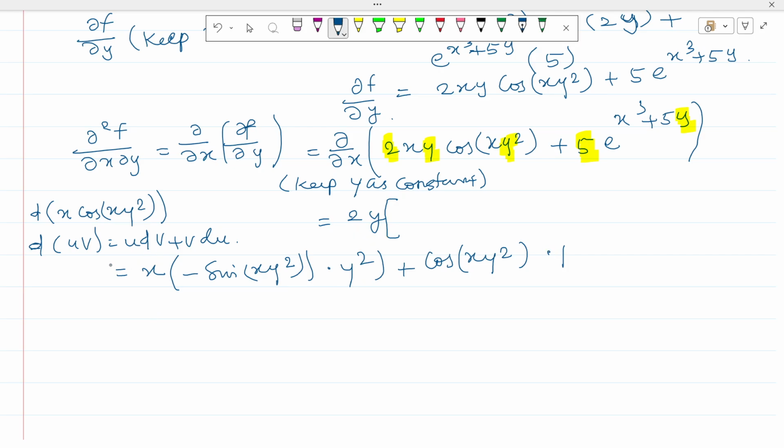Now you can write this value here. You will get, what you get, xy square minus is there, minus xy square sine of xy square plus cos of xy square.